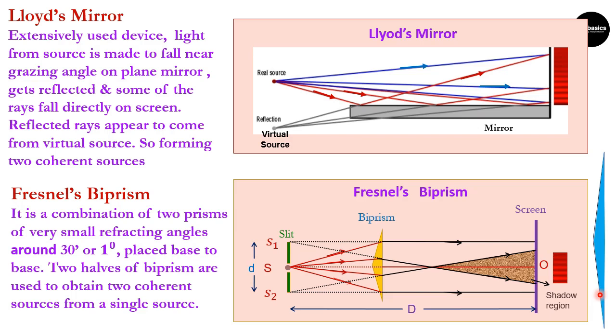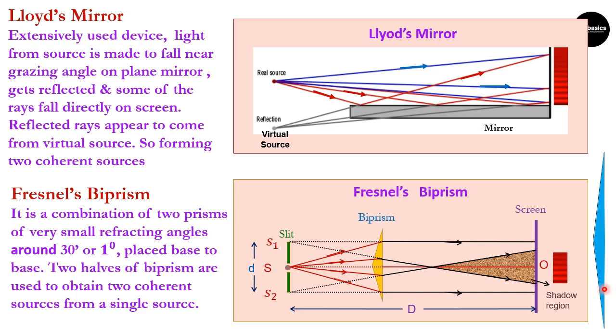The refracting edge of the biprism is kept parallel to the length of the slit. This is the refracting edge of the biprism, which we are not able to show here, and it is placed parallel to the slit. With the help of that, the upper prism and lower prism will form two coherent sources.